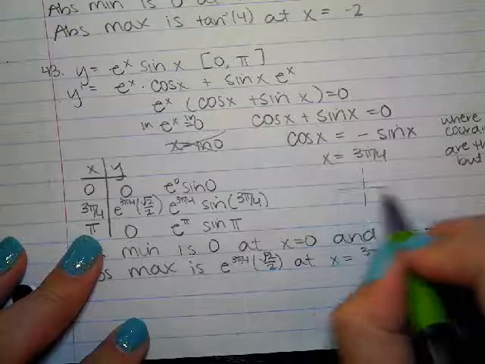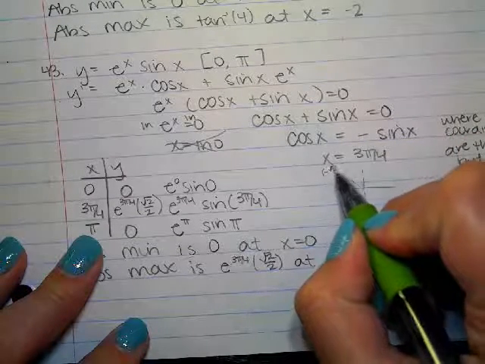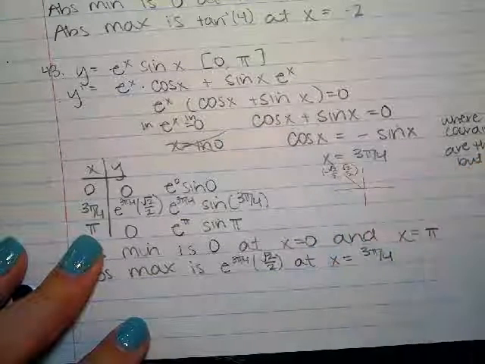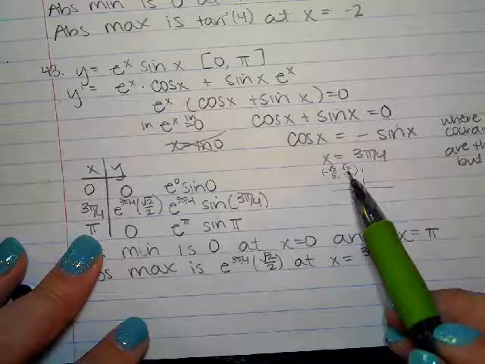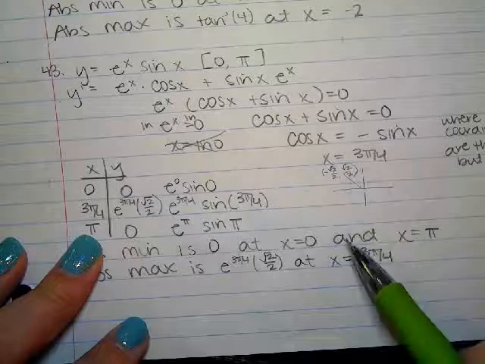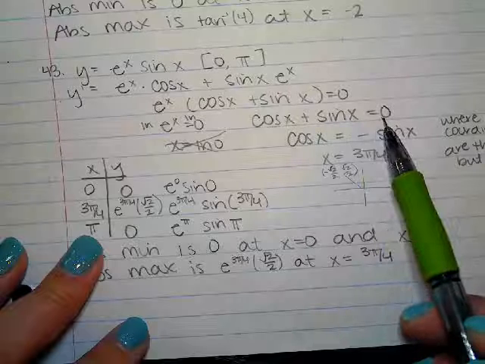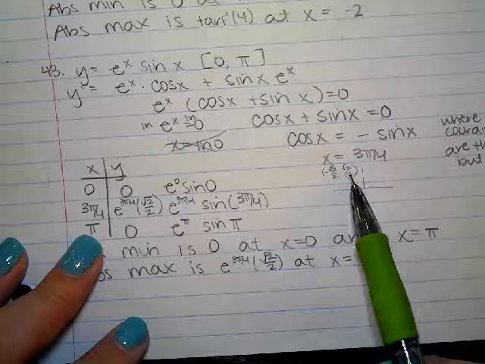But if you can picture it on the unit circle, it is negative root 2 over 2, comma, root 2 over 2. And so that's why 3 pi fourths is the solution there, because these would cancel each other out. So that's how they solved the equation cos x plus sine x equals 0. Because if you can picture the unit circle, cos x plus sine x would zero each other out.